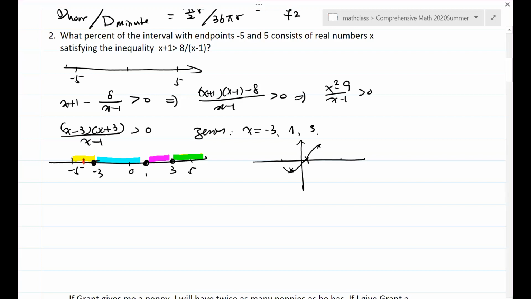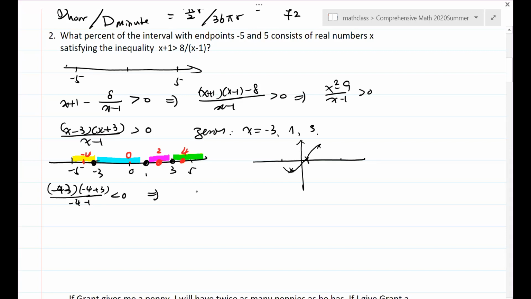Let's choose -4 here, over here I choose 0, here I choose 2, and from 3 to 5, I take 4. When x equals -4, we have -4 minus 3, -4 plus 3, -4 minus 1: negative, negative, negative, so it's negative.